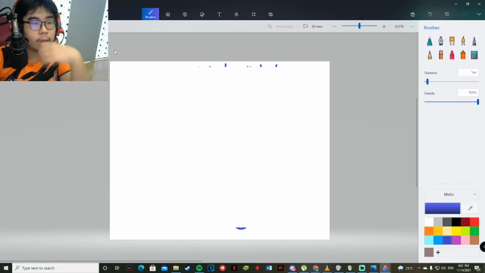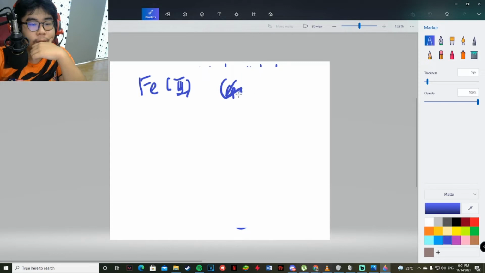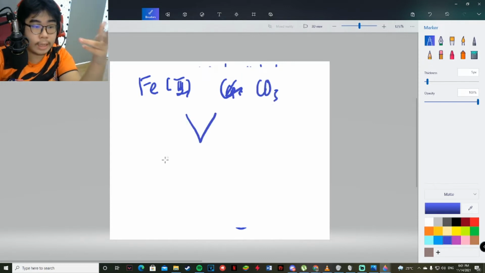Let's say it is iron(III) combined with carbonate, CO3. If you convert these two, you will get Fe2(CO3)3.